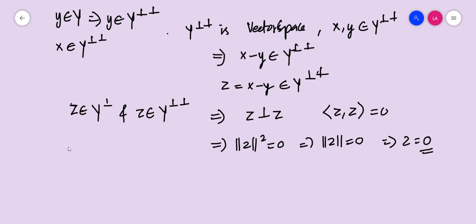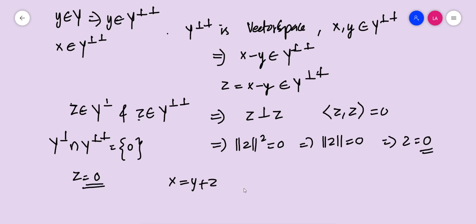Or in other words, we know that Y perpendicular intersection Y perpendicular perpendicular is the set {0}. So Z is common to both of them means Z is equal to 0. So Z is equal to 0 means we have written that X is equal to Y plus Z, where Z is equal to 0, which implies X is equal to Y.